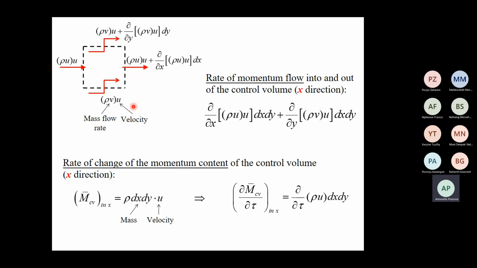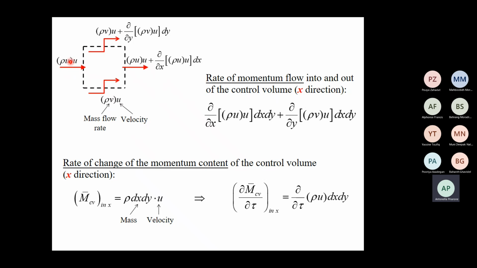So you obtain the rate of momentum flow as the mass flow rate multiplied by the velocity. I'm considering the x component, and so I consider as velocity u. So this is the mass flow rate, rho v dx u. For the other surface, I have the mass flow rate that is rho u dy u.